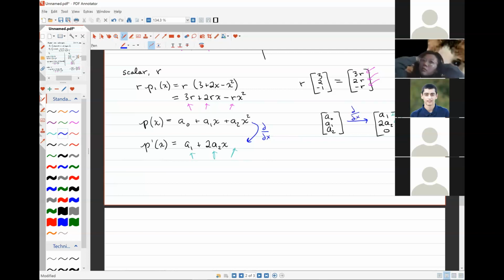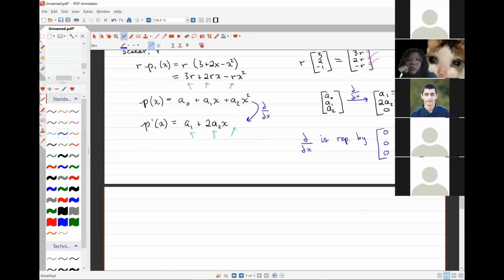And so now I can actually write down a matrix. I claim that this operation of differentiation is represented by the matrix that looks like this. So 0, 1, 0, 0, 0, 2, 0, 0, 0. All right, and let's check that out and see if you can see why.